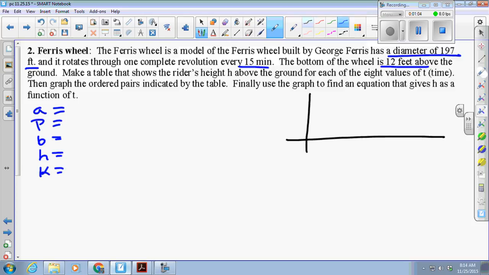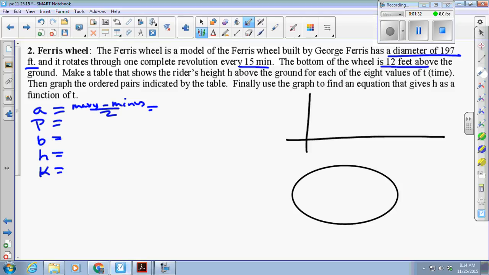So for the amplitude, we're looking at the maximum y value minus the minimum y value divided by 2. Maybe we ought to also go ahead and look at the Ferris wheel. Here's your Ferris wheel. It is 12 feet above ground.